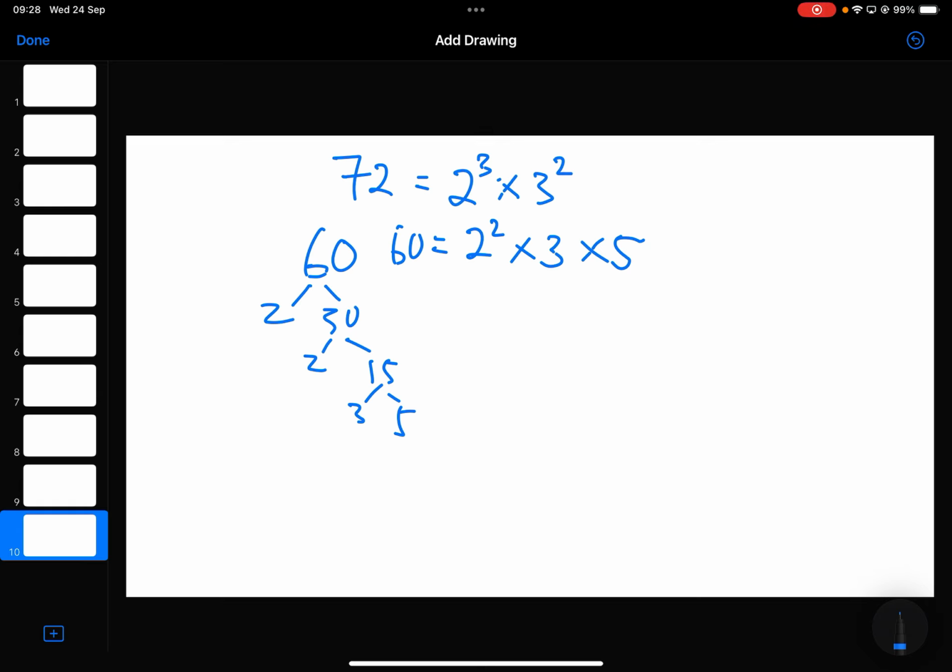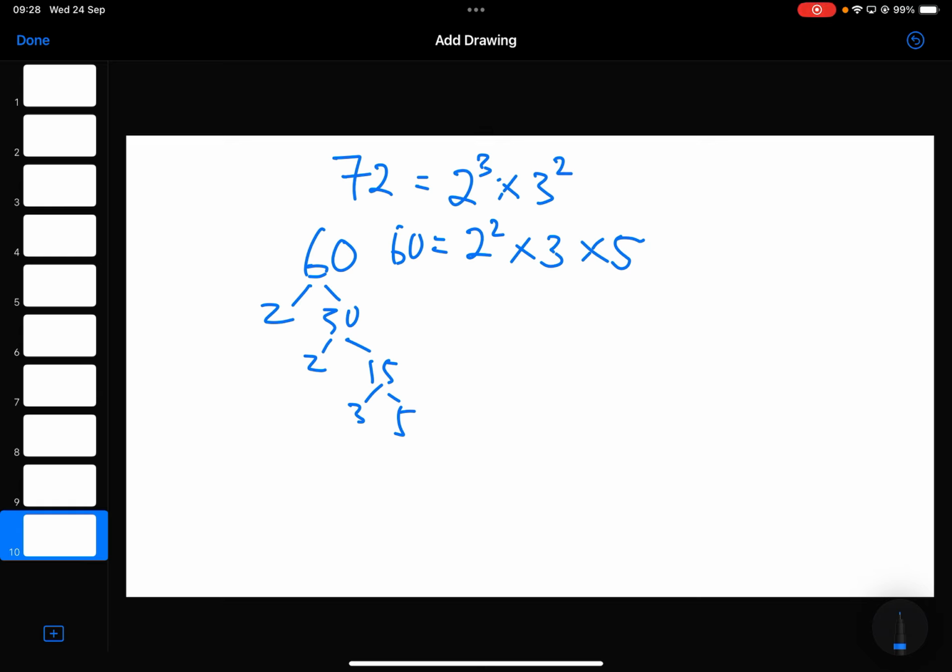When they are in factor form, can you see that 2 cubed is a factor of 72, 3 squared is a factor of 72. If I want the highest common factor, the most important words here are common and factor. So they must belong to both. Because like that then it's common.